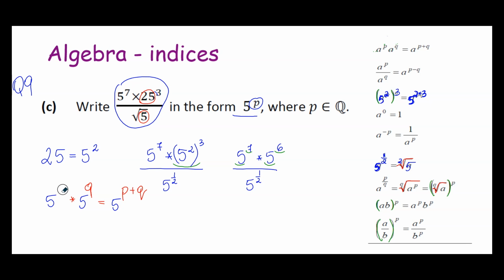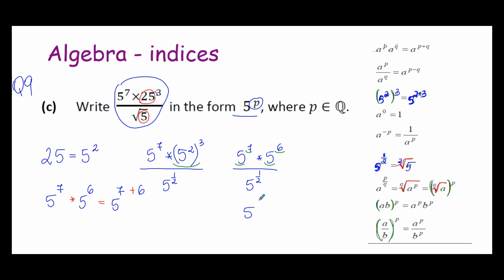So in place of that P, we put 7. The second one is 6, so that means Q here is 6, and this Q here is 6. So 6 and 6. Now, instead of having two of them written like that, I can write it as 1, 5 to the power 7 and 6 together.